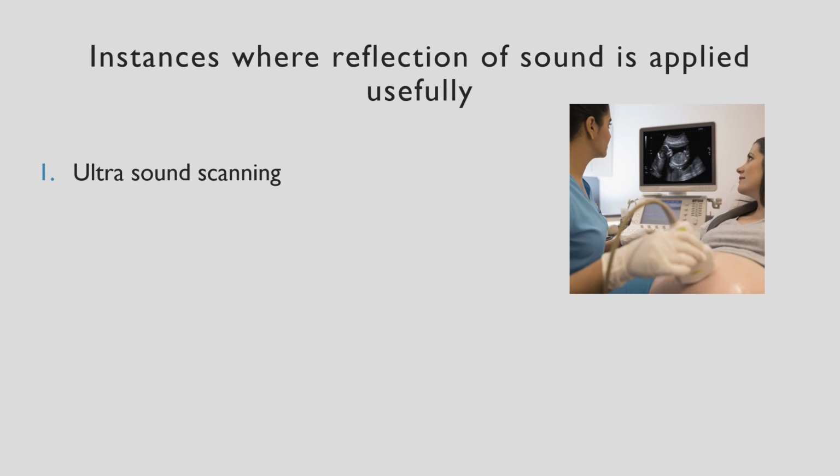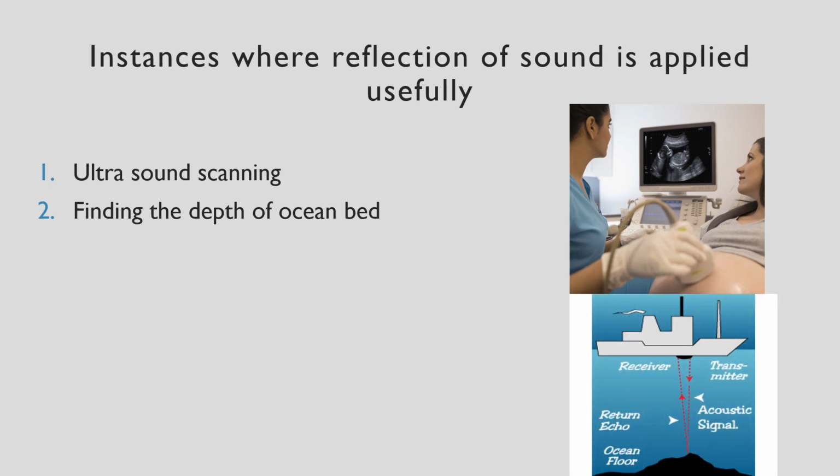And the second main instance of using this reflection of sound is finding the depth of the ocean bed. To find the depth of the ocean bed also, it uses ultrasounds. There it creates the ultrasounds with equipment called an echo sounder, and those sound waves travel through water and hit the bed of the sea.